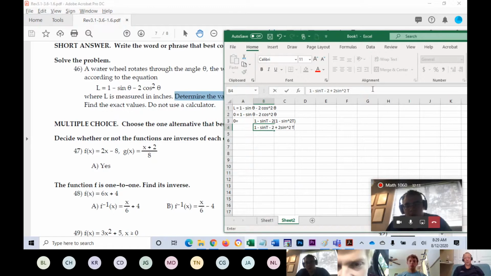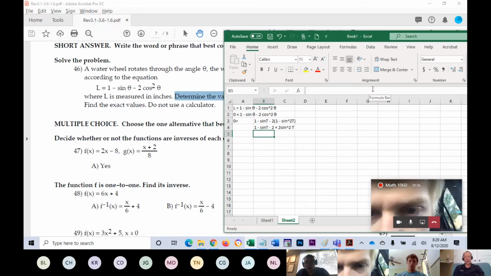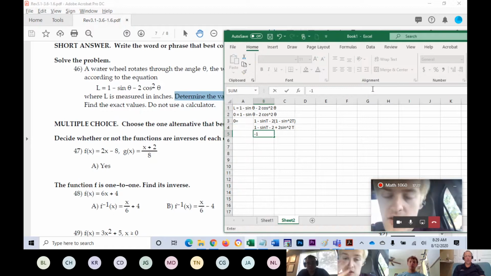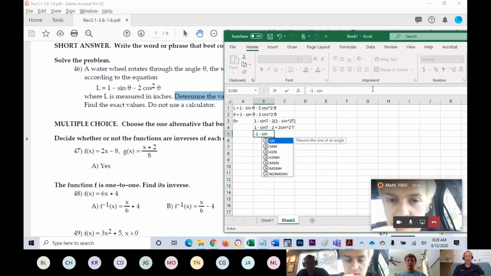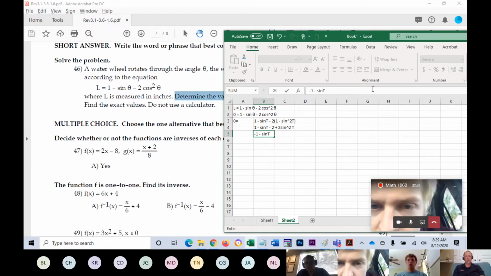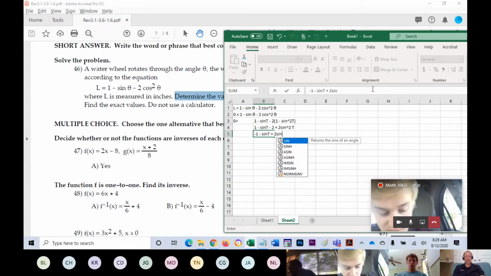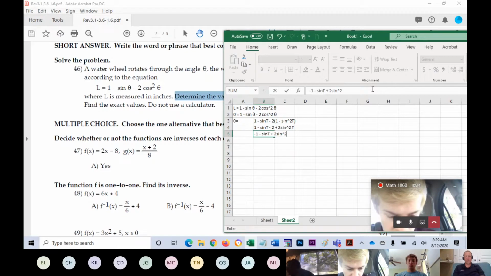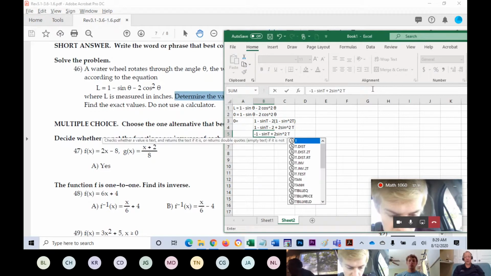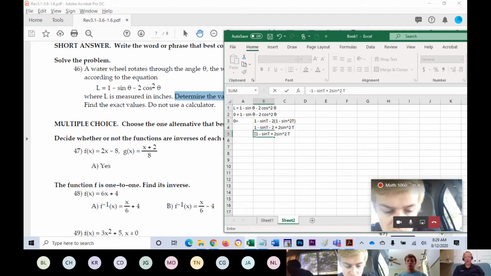Then can you just combine like terms? Now we need to combine like terms. So 1 minus 2 is negative 1, right? Negative 1 minus the sine of theta plus 2 sine squared of theta. Oh, this is annoying.